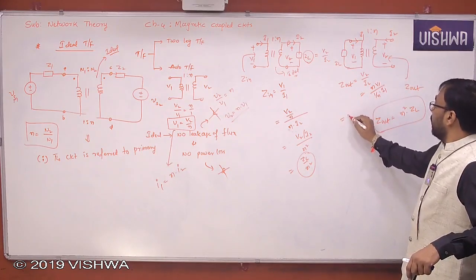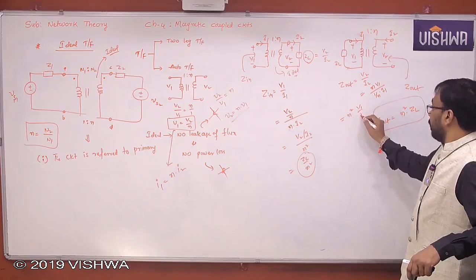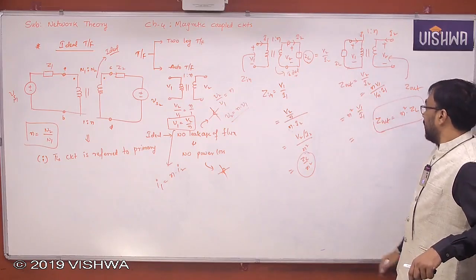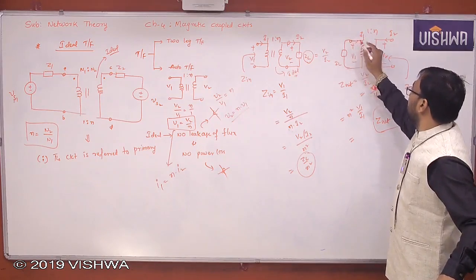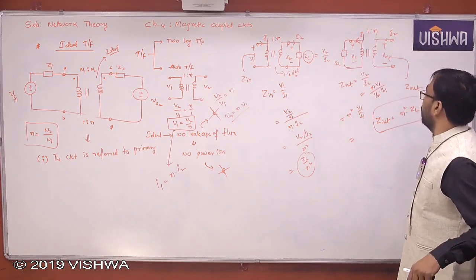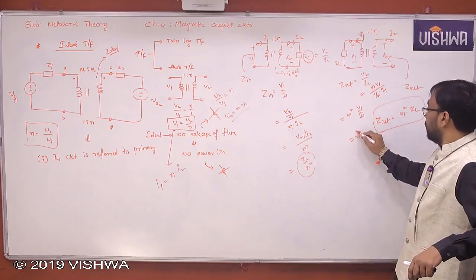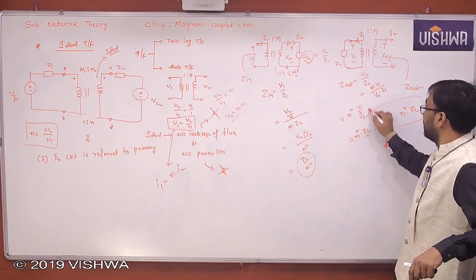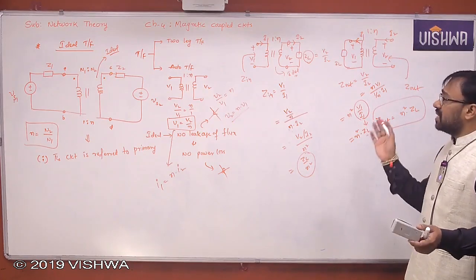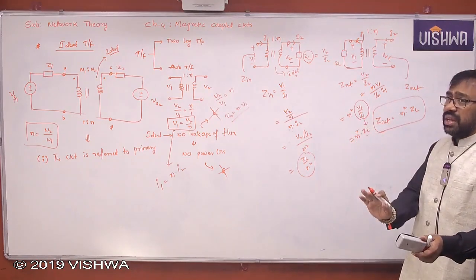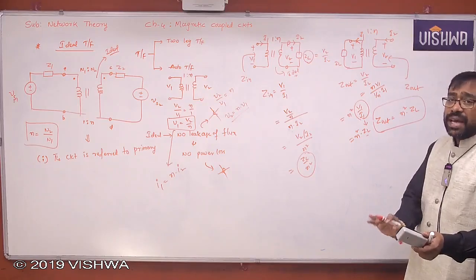That means n square of V1 by I1. But what is ZL here? I'm sorry, here the direction is given like this, let me take the direction like this. So what do you get here? n square times ZL, because this is nothing but ZL only. So it's very clear: when the secondary-side impedance is referred to primary, it should be divided by n square.